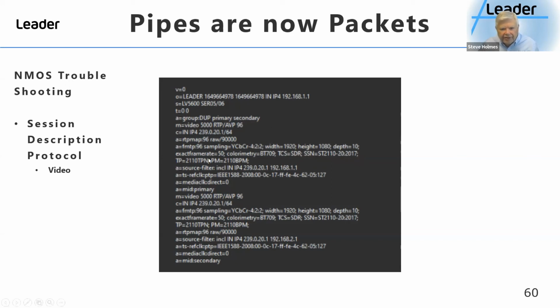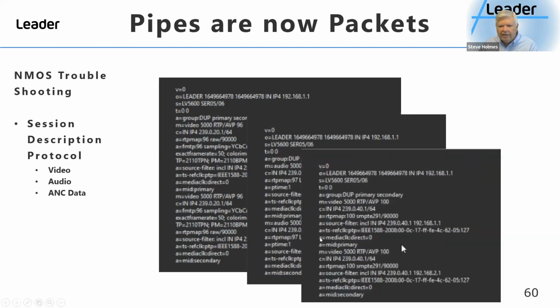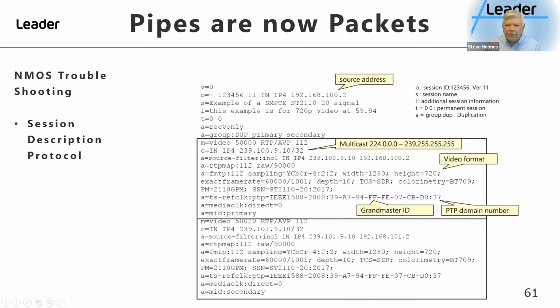It gives me things for both the primary and the secondary, the red and the blue network, exactly what IP addresses to look at. Do the same thing for the audio, how many channels we get, what IP, what multicasts to look at, and then also for this data flow. So we can turn around and break these down and look at them.